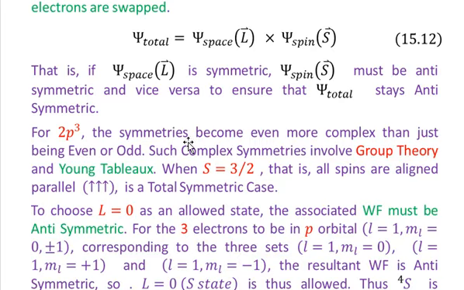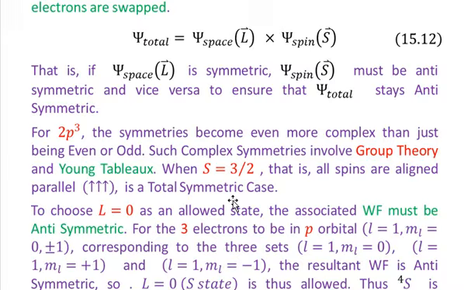So for 2p3, the symmetries become even more complex than just being symmetric or antisymmetric. Such complex symmetries involve group theory and Young tableau.